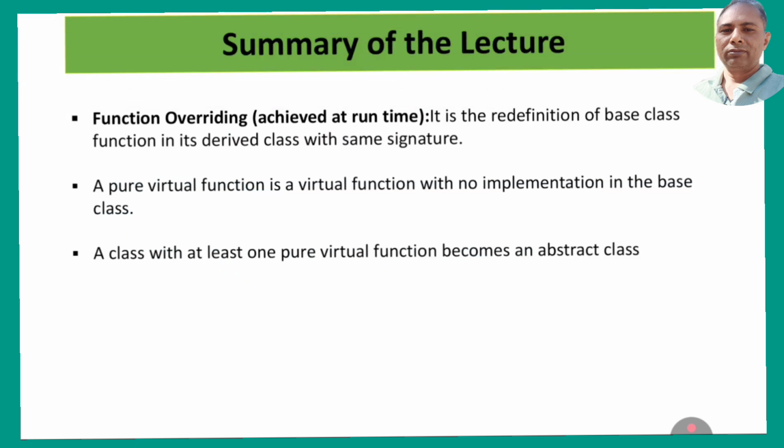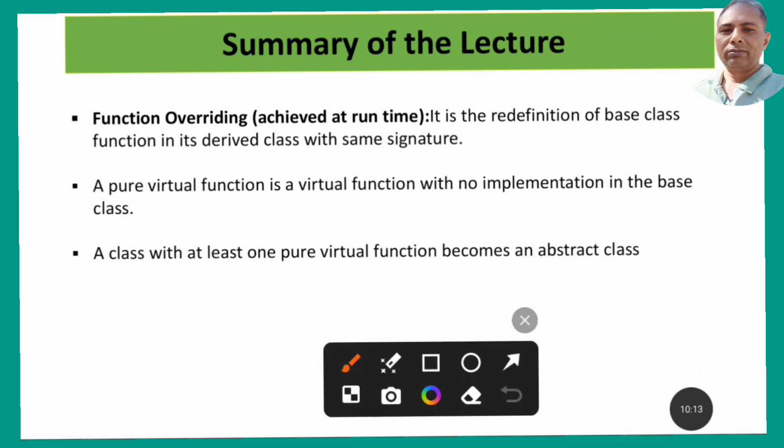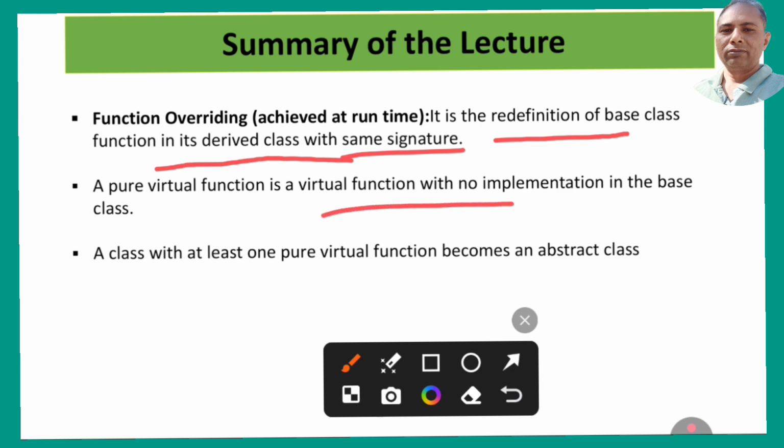Now, in this lecture we have learned three things. First, function overriding: it is the redefinition of a base class function in its derived class with the same signature. Same signature means the same parameters and same return type. We have learned that a pure virtual function is a virtual function with no implementation; we are not defining that function in the base class.